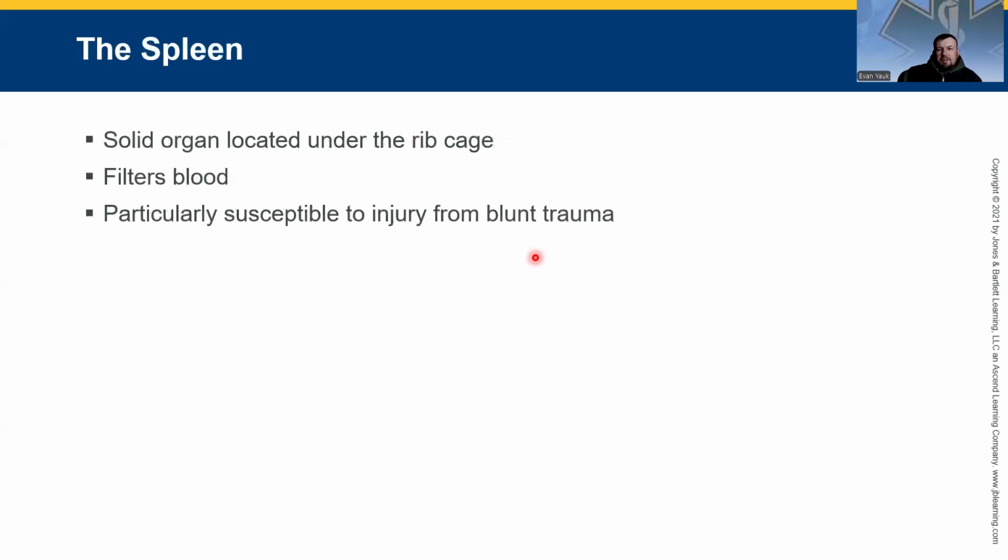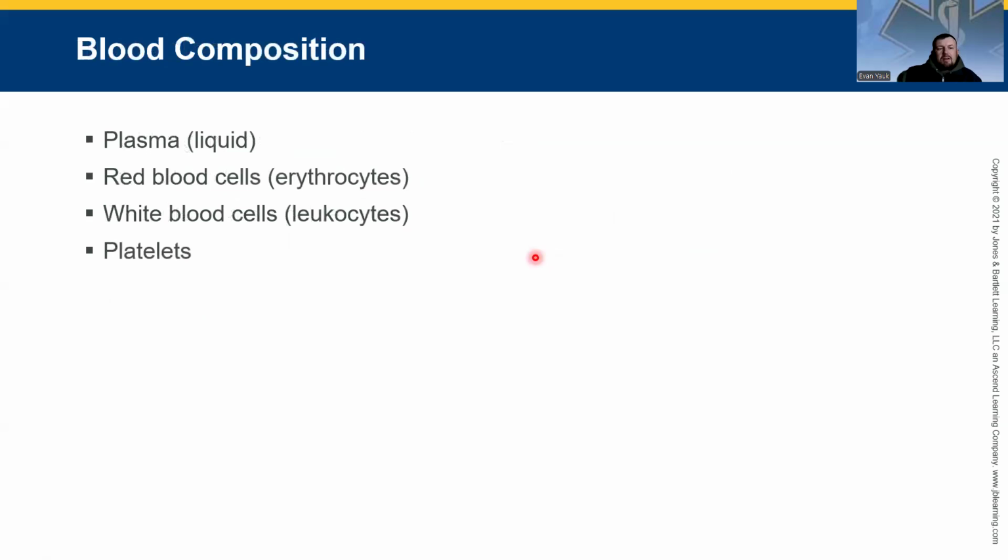So then we're going to talk about the spleen. It's a solid organ located under the rib cage. It filters our blood and it is very susceptible to injury caused by blunt trauma. It can cause major problems if it is lacerated or ruptured. We have bad internal bleeding. Blood composition. So the plasma is the clear liquid, and then you've got your red blood cells.